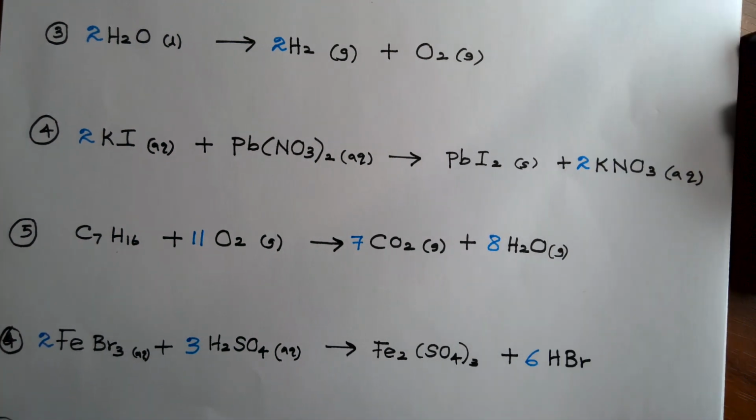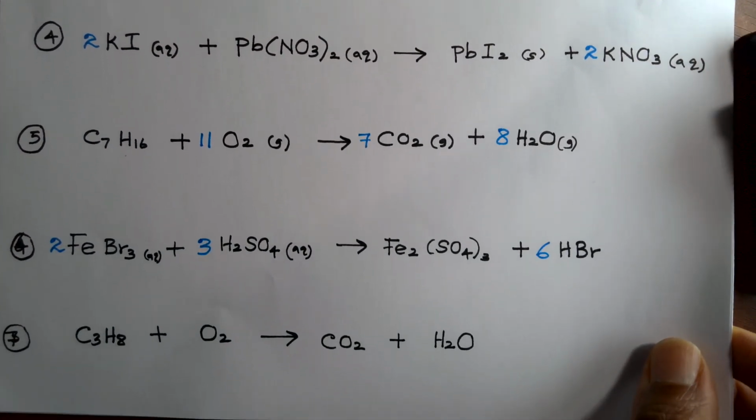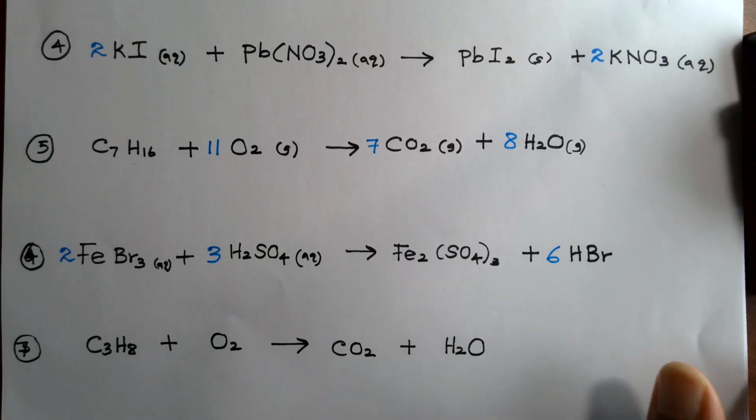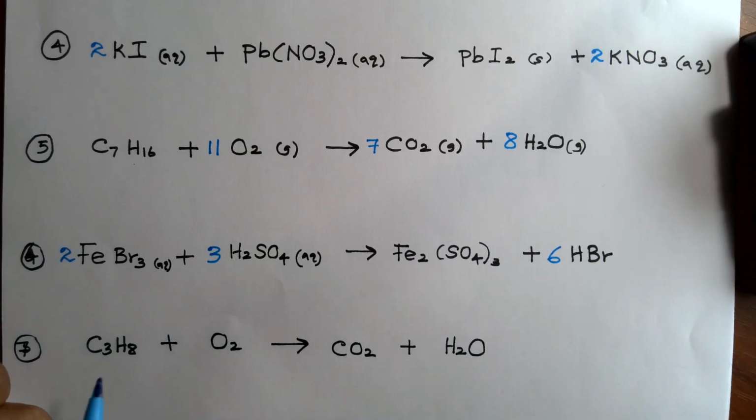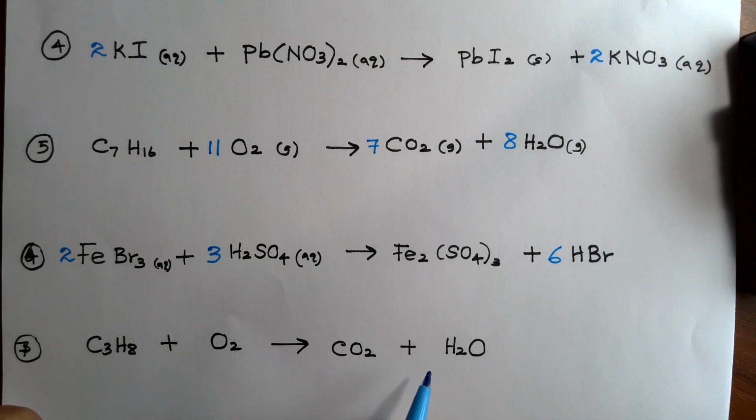Now let's move on to our last reaction. This one is again a combustion reaction. C3H8 we call propane. Propane combustion reaction: when joined with oxygen it produces carbon dioxide gas and water vapor. Again the same method we need to apply when balancing a hydrocarbon combustion reaction.